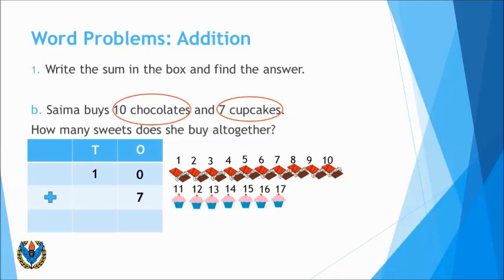The answer is 17. So she buys 17 sweets altogether. Be careful about your columns. In the answer 17, 1 should be in tens column and 7 should be in ones column.